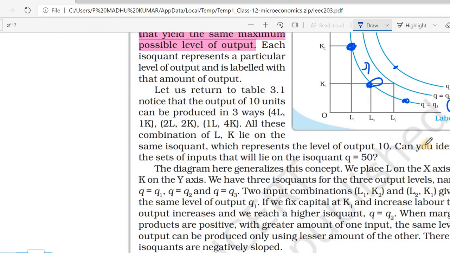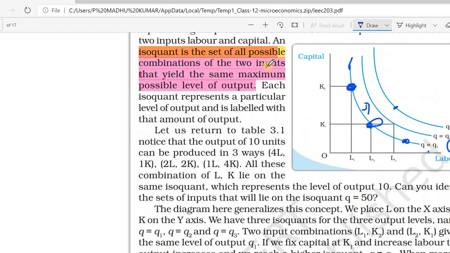Then if we fix capital K1 and increase the labor to L3, then the quantity will be the same. Or if the capital is K2 and labor is L1, if it is in the same isoquant, then the output will be the same. Because of this reason only, the isoquant is sloping downwards.